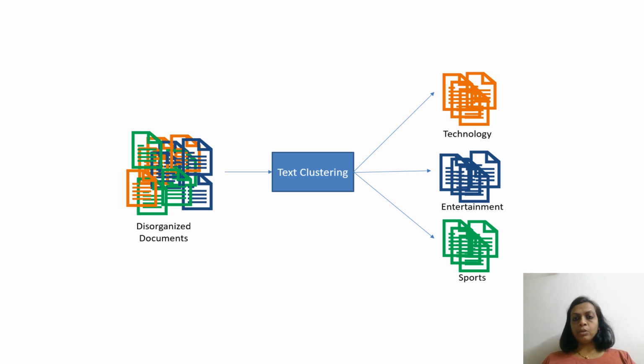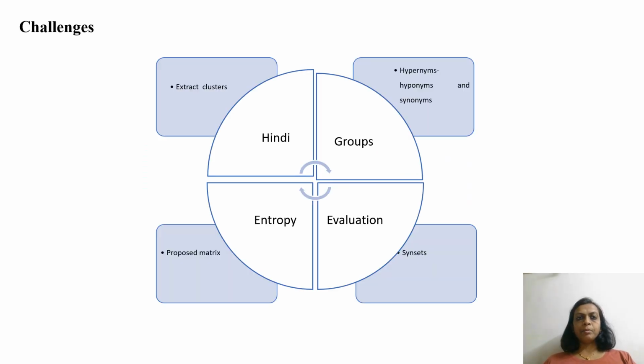So we have textual documents which can be a combination of personal documents, technology related documents, entertainment related documents, and sports related documents. To make these documents available in a systematic manner, with groups which represent the topic of those documents, is the need of the era.